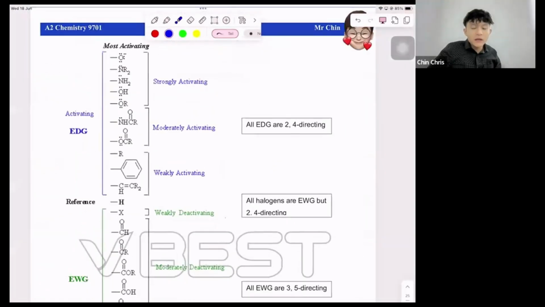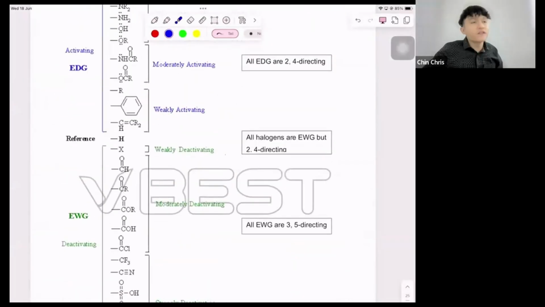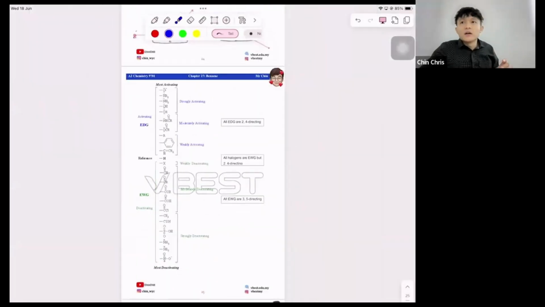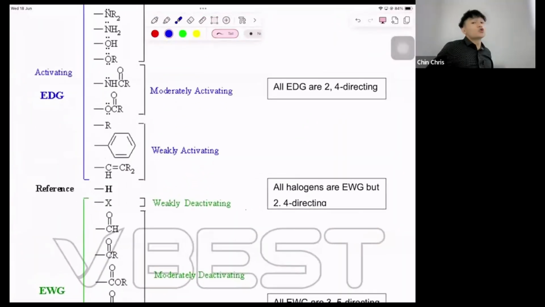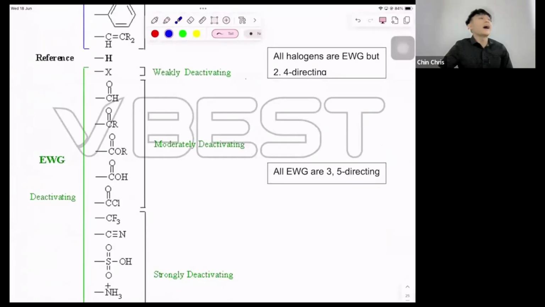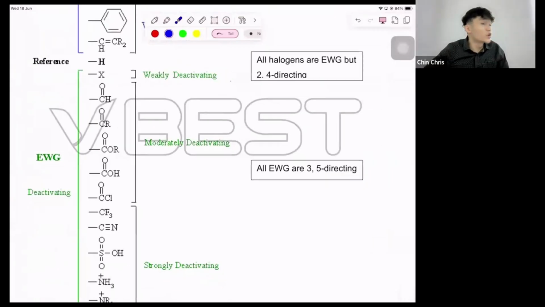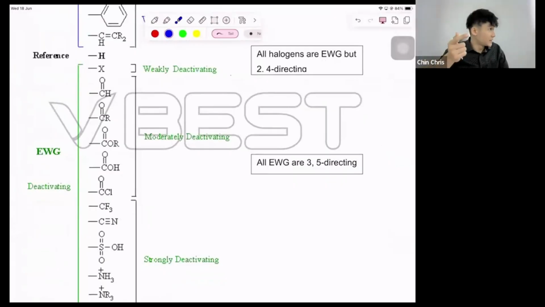Okay, once done, flip to page 25. The thing about your new syllabus after 2022 is that the electron donating group and electron withdrawing group have been removed from your data booklet. Now you have no data booklet, which means you have to memorize.